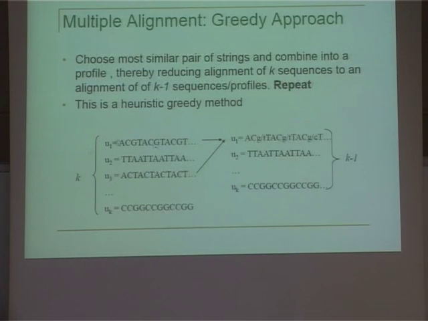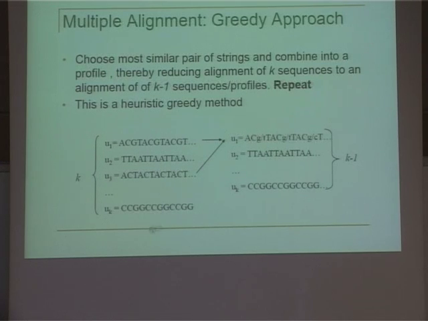By repeating this k minus 1 times, at the end we are going to be left with a single sequence, which is going to be the alignment of all these k sequences. And this single profile is going to represent the multiple sequence alignment.